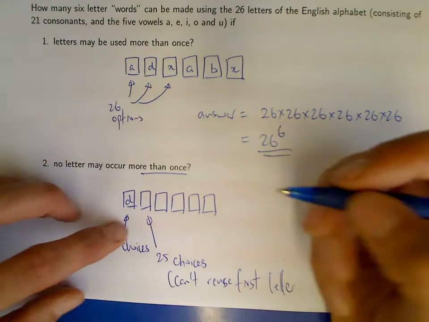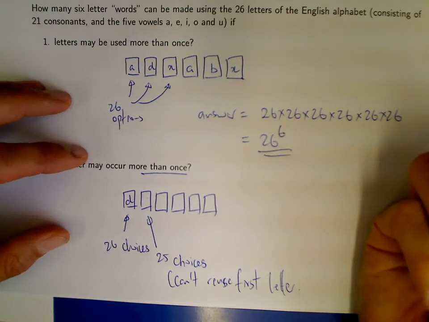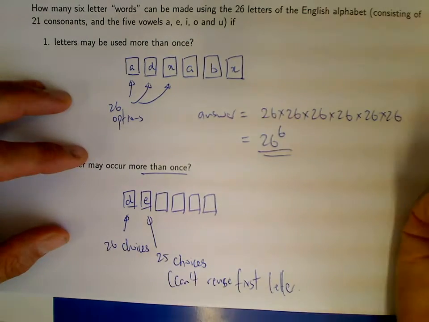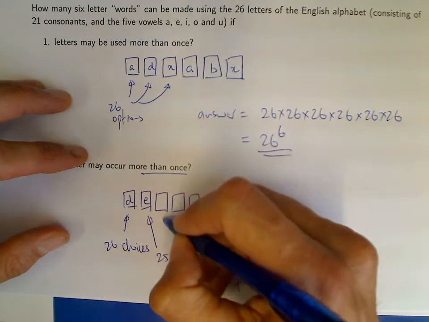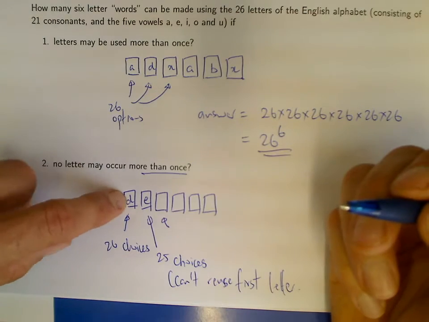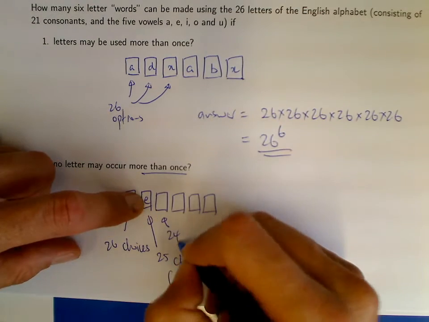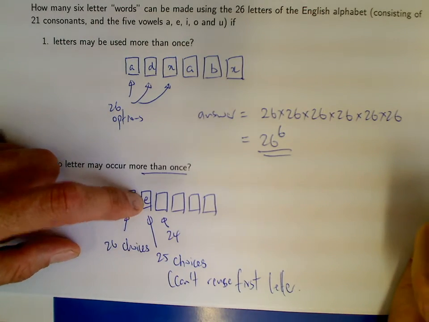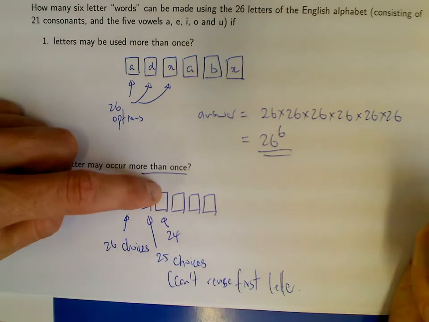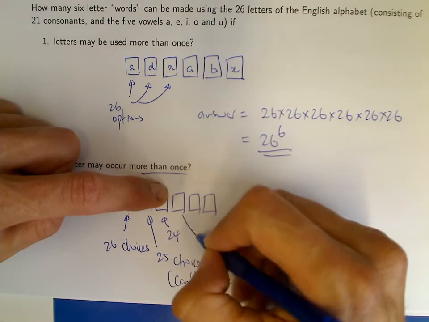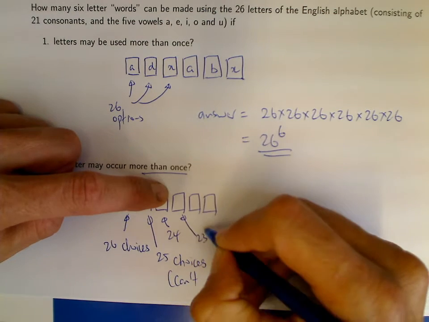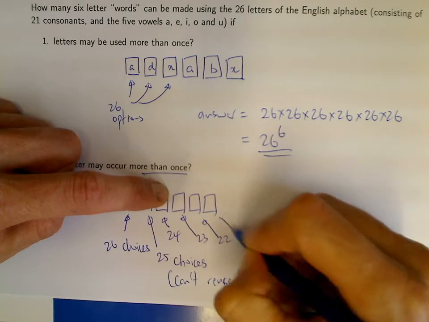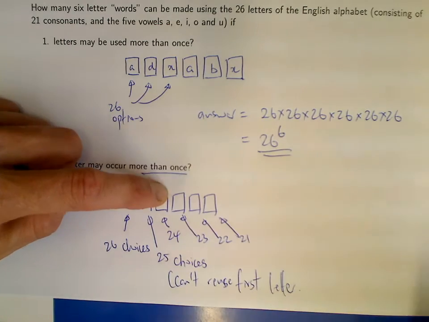So I've got 25 choices for what I put there. Maybe I put an E. Then having done that, I can't use D and I can't use E, so I'm down to 24 choices for what I put here. And then I'll have used up 3 letters, and so I'll just have 23 choices, 22, and then finally 21 for that last one.